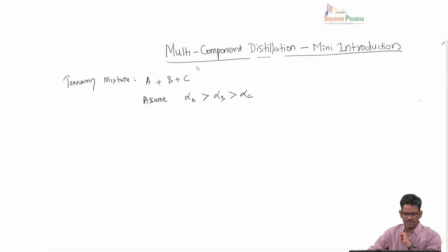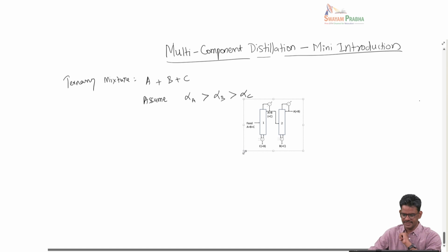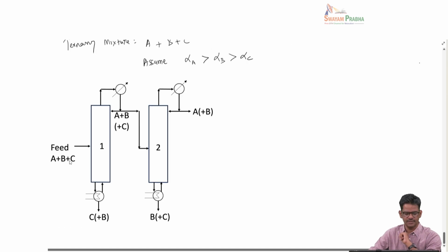For this particular problem, let us say I have this particular setup. Here the feed contains all the components A, B, C with certain mole fractions. We can have a scheme or topology of the design such that we have the first distillation column in which predominantly A and B are the top products.